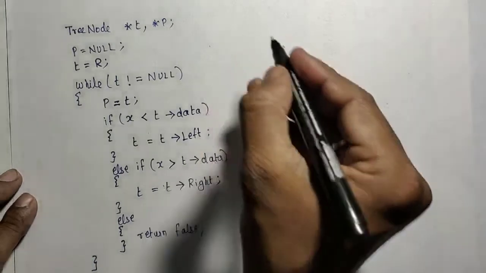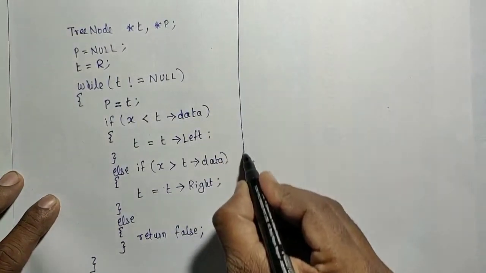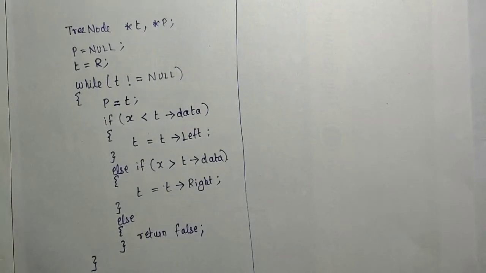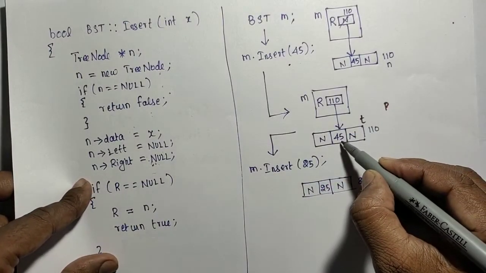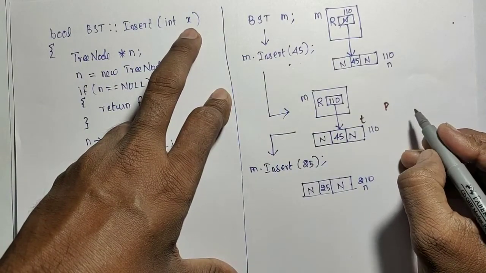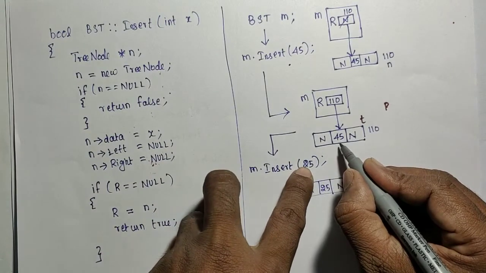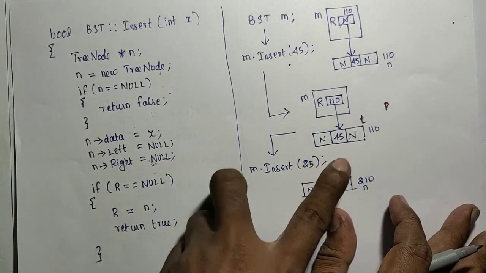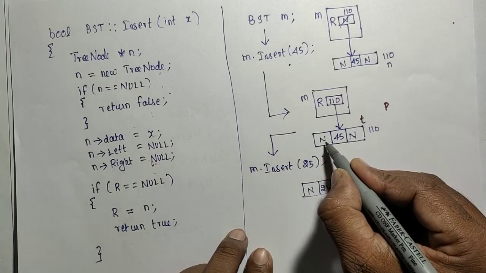Okay, so now at the end, in this case, if you are executing this, t data is 45, our x is 25. So 25 and 45, x is less than this, so t will move to the left side. Left side means null.